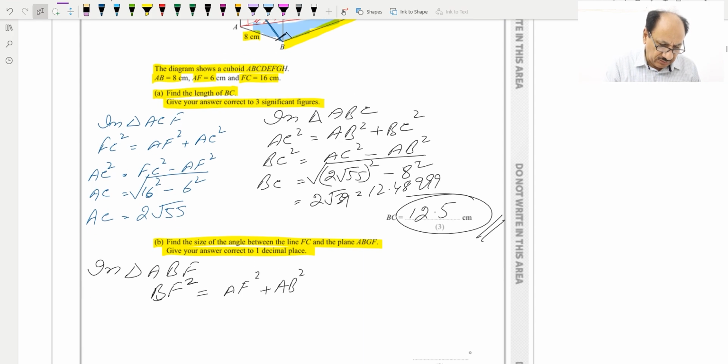Then we can write BF is equal to the root of AF, which is 6, and AB is 8.